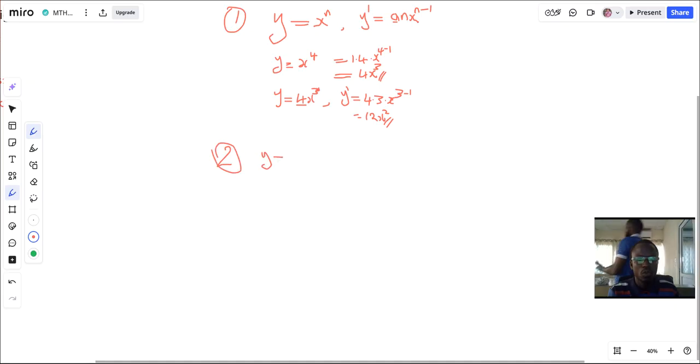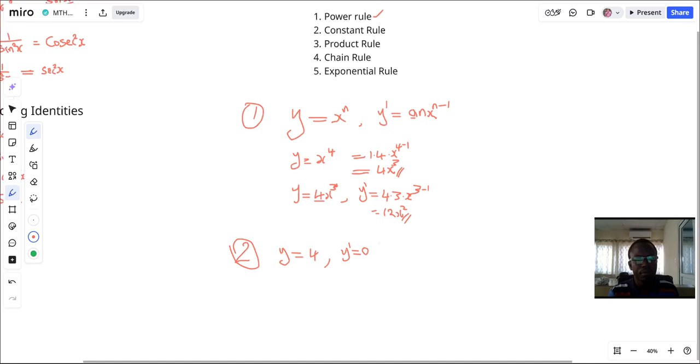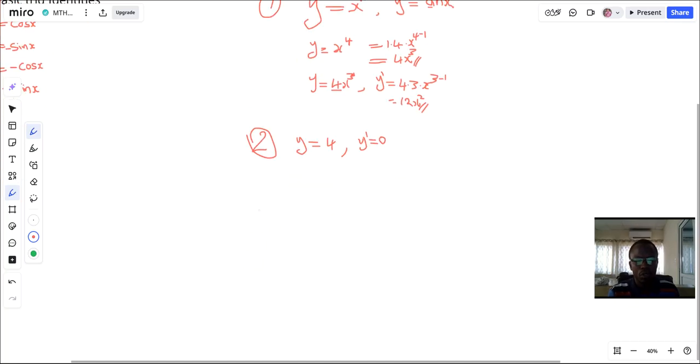If y equals, let's say, 4, without any alphabet attached, the constant rule says the derivative of y equals 0. Finished. The derivative of any constant, 1 to a billion, equals 0. Then number 3, the product rule.